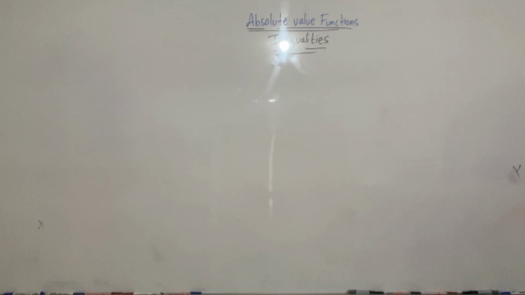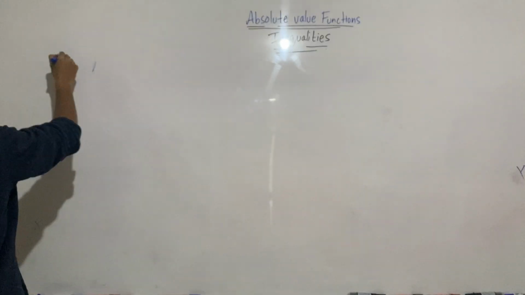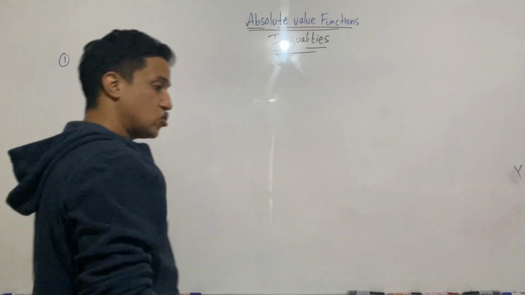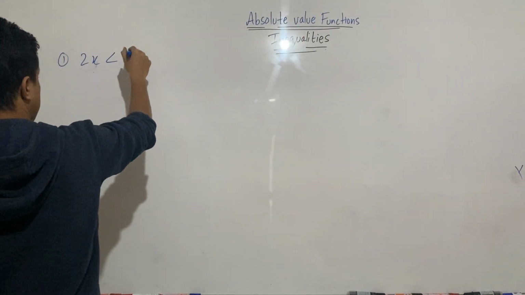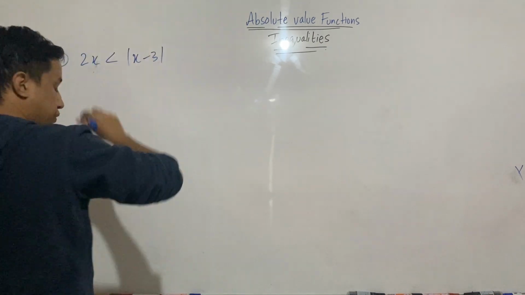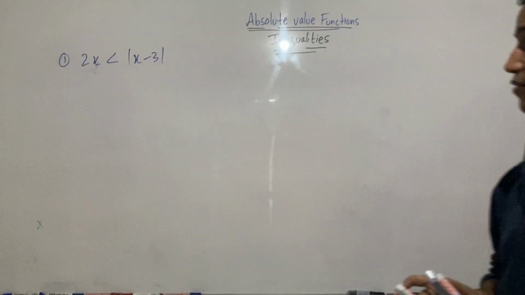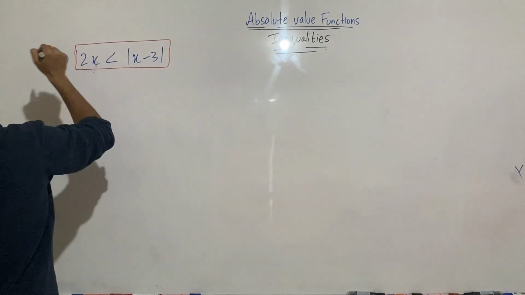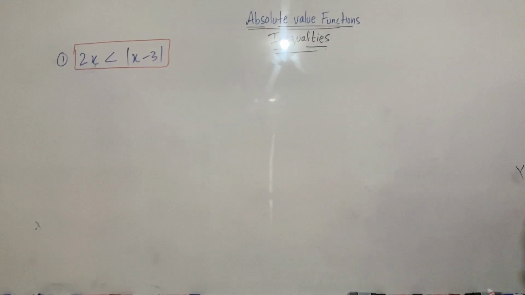Let's start with this first question. It says 2x is less than the absolute function |x minus 3|. So this is a case of inequality. Why?